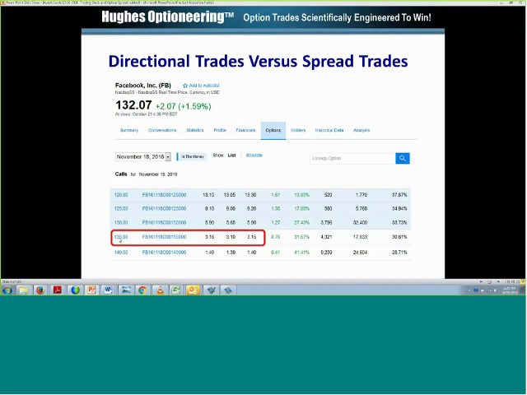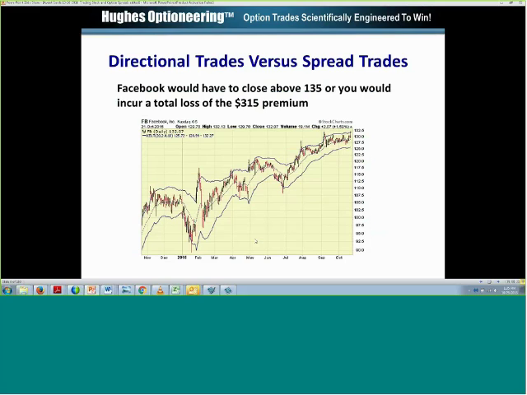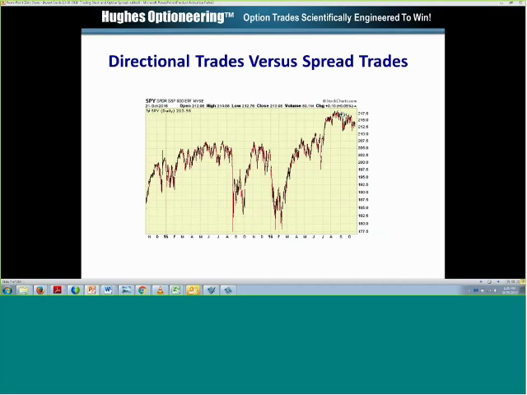So if we're going to buy the 135 strike call, we'd pay $3.15 to buy it, and at option expiration, in this case about a month out, Facebook stock, the underlying stock, would have to close above 135, which is the strike price of that call we looked at, or you would incur 100% loss of that $315 premium. So when you're trading options, you're always faced with that possibility of a 100% loss.